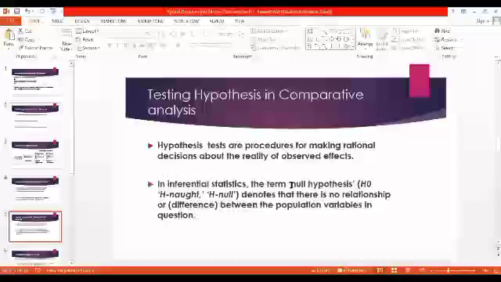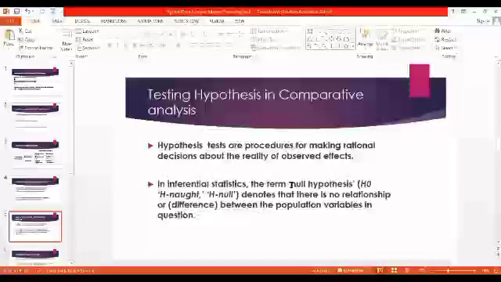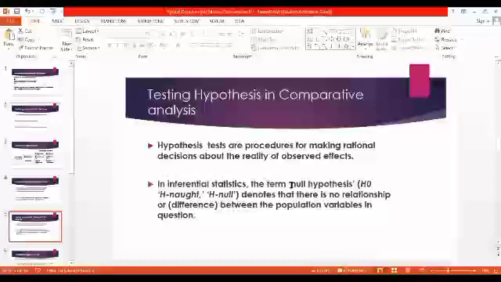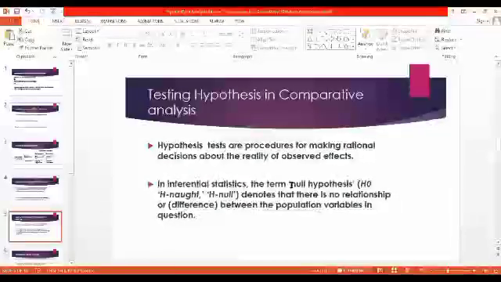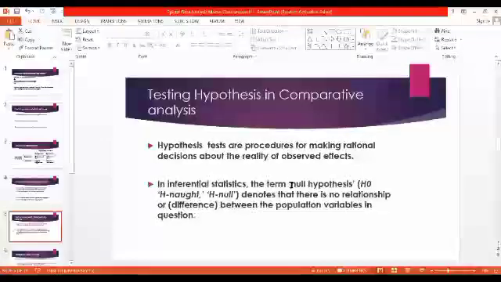If I prove the assumption right, it means I proved that group A is not different from group B. Statistically, we will say there is no difference between group A and group B. That is how to say it statistically.